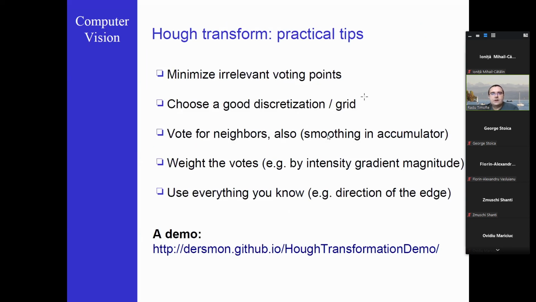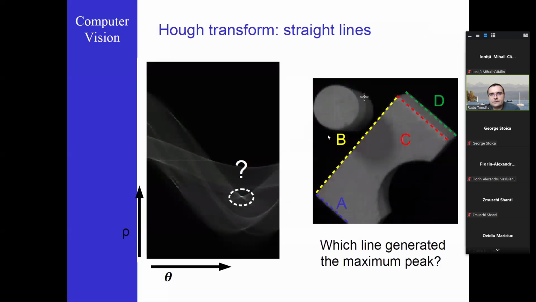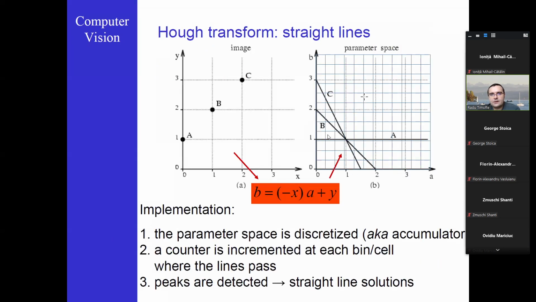Okay. We need to choose a good discretization grid. So if we look back here, I was already pointing out that in this accumulator, for example, we are getting 2 cells that are counting a maximum number of votes, 3 and 3.